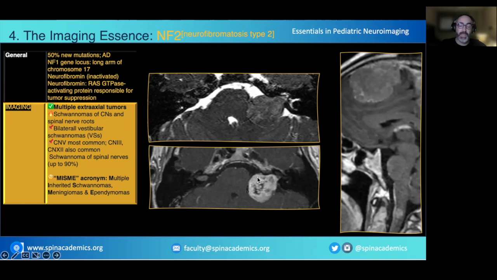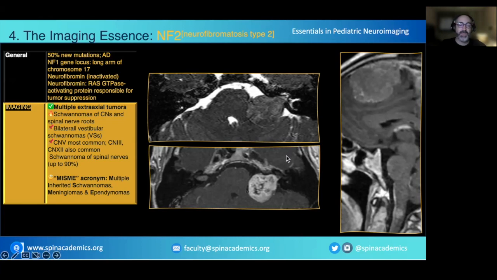In this case they are bilateral, left side bigger than right side, but here is another schwannoma of the vestibular nerve. The fifth nerve and hypoglossal are also common in NF2.